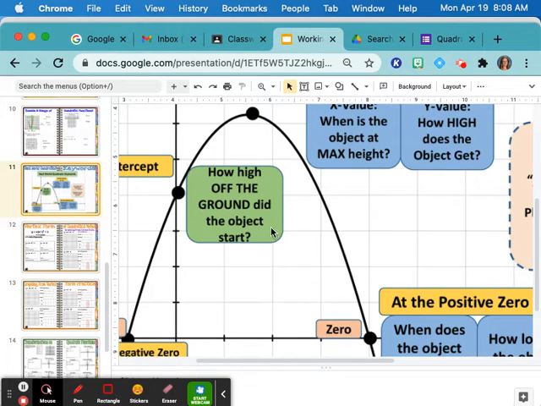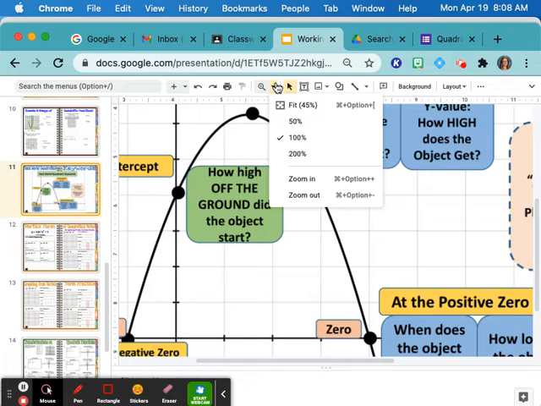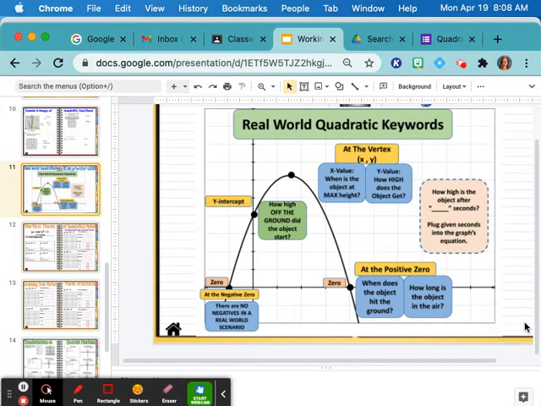That'd be 1, 2, 3, 4, 5, 6. Around 6. So this is an example of where you would see real world quadratics and how they relate to all the qualities that we have discovered: the zero, the y-intercept, the vertex.